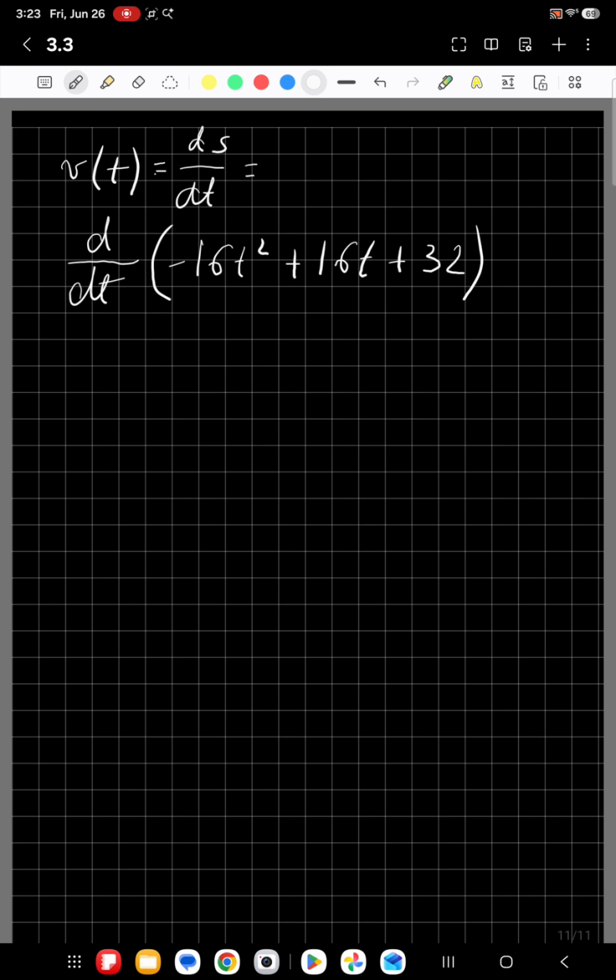Alright, so I'm taking the derivative with respect to time. It's the same idea. I'm taking that 2, it goes to the front, and then we subtract 1. And the derivative of this is just 16. Alright, so let's do that.